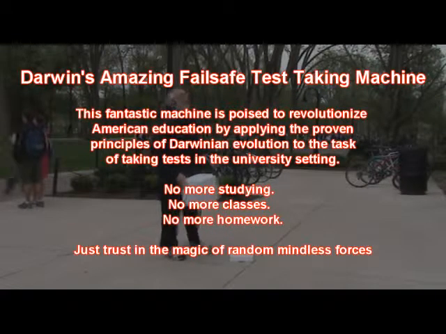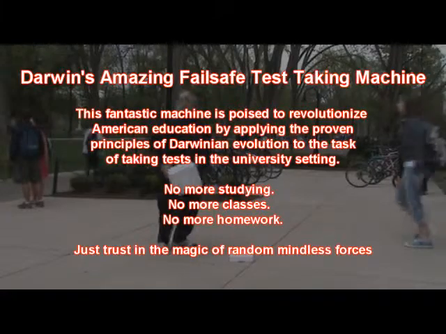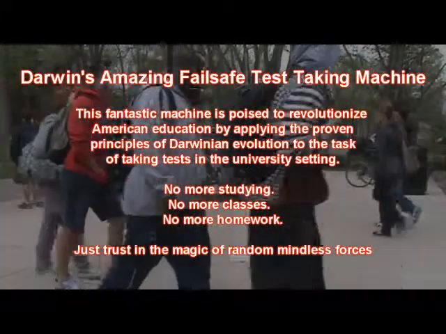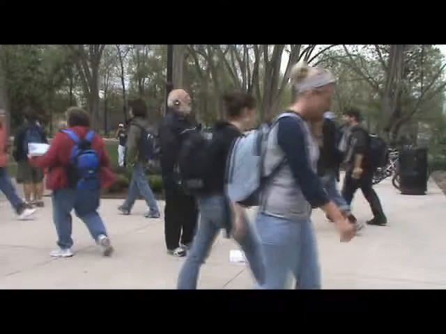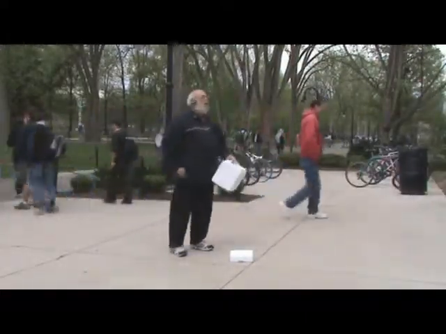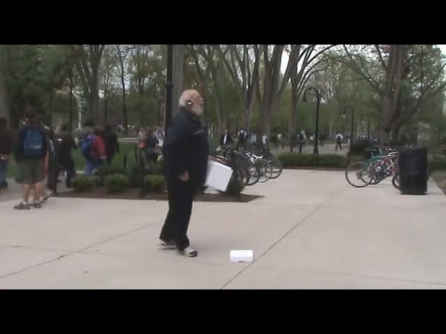Now, the decision-making add-on normally sells for an additional $29.95 because with it you are able to make decisions for the rest of your life. So for the last part of the amazing Darwinian test-taking machine, you have the amazing Failsafe Darwinian choice maker.